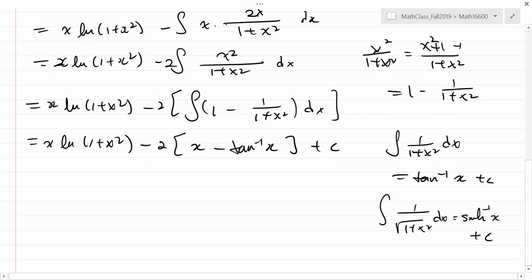And we do have to memorize those integrals, the derivatives of inverse functions: inverse of sine x, inverse of cosine x, inverse of tan x, and inverse of hyperbolic sine x, inverse of hyperbolic tan x.